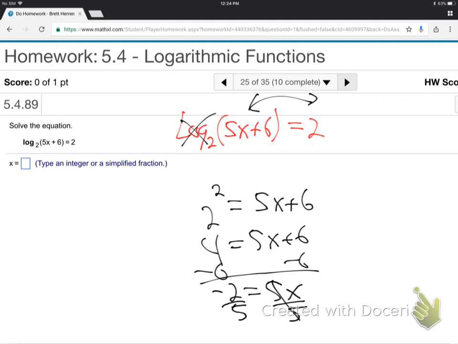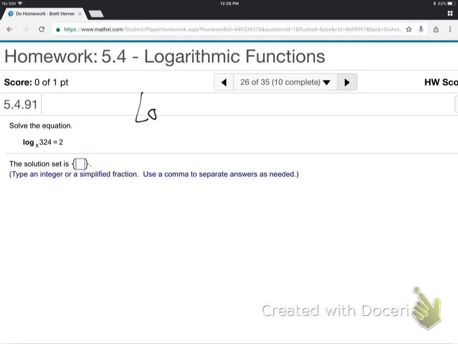So you just lose the log, base stays the base, other two switch. Questions? Good. Log base x of 324 is 2. Same thing. Cross off the log, base stays the base, other two switch: x squared is 324.